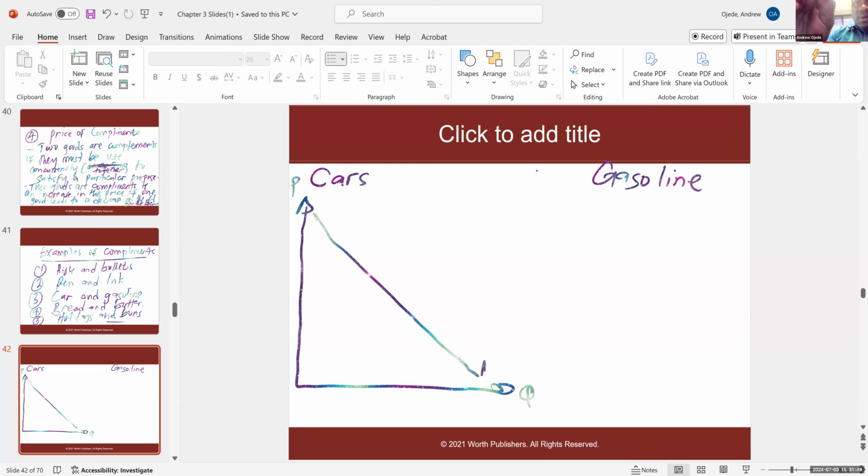Let's say this is my demand one. And let's say the average price of cars in San Marcos was $20,000, I don't know why, $20,000 a car. And let's say maybe 10 million cars are on the road, people buying 10 million cars. And let's put the market for gasoline here.